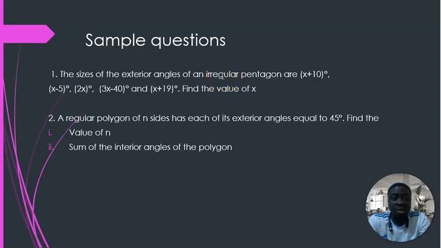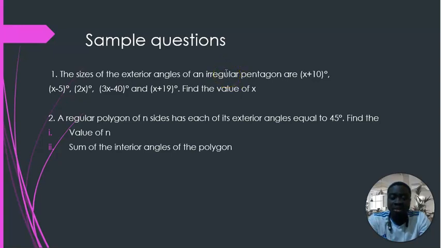You recall the difference between regular and irregular polygons: in a regular polygon, all the angles are the same, irrespective of whether it is an interior or exterior angle. But when they are irregular, the angles are not the same.